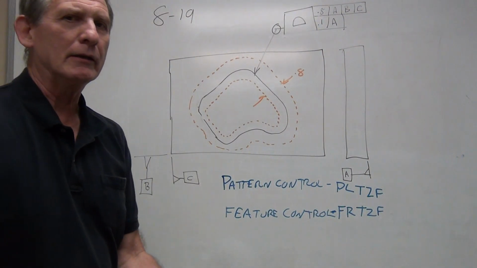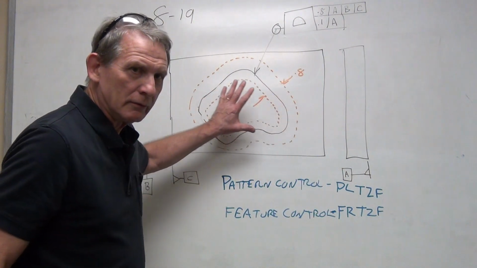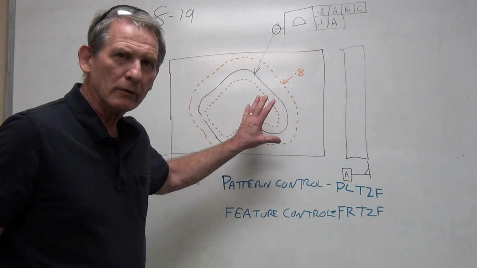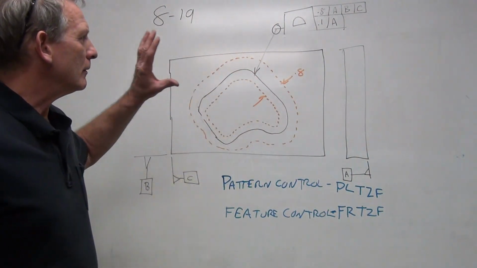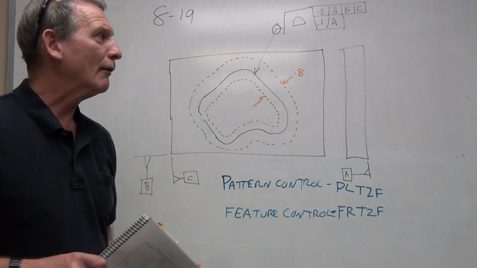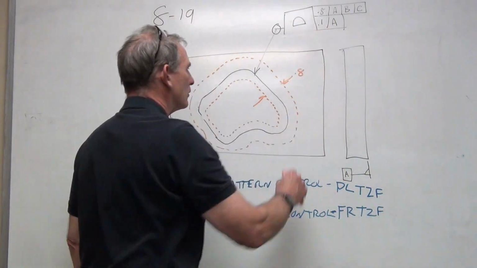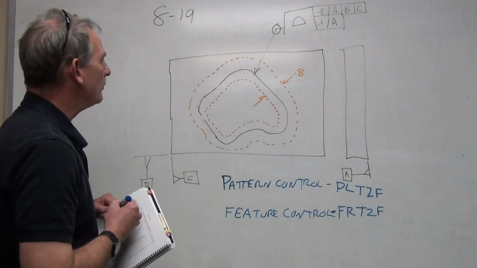The intent here is to say, I can allow the position of this pattern to move around on that plate within that much. But in terms of the shape of the part, in terms of its actual profile, I really want a much smaller tolerance. I want a tolerance zone that is 0.1.